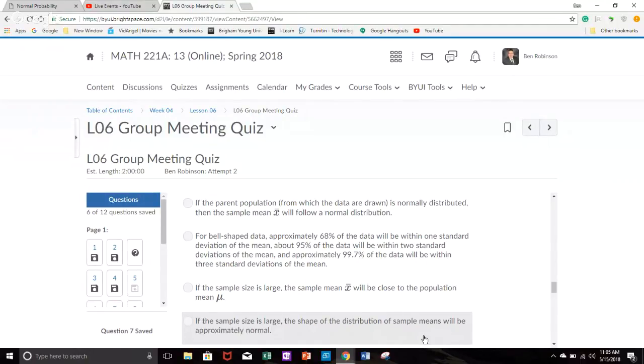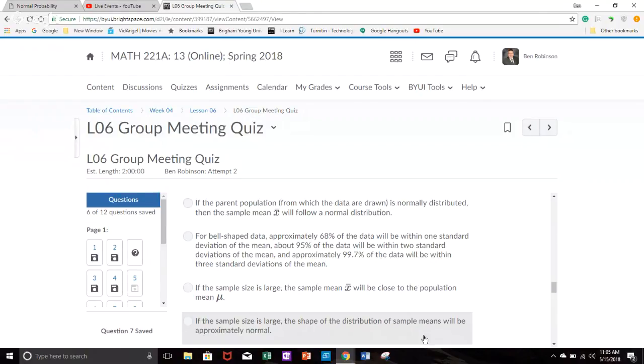For bell-shaped data, approximately 68% of the data will be within one standard deviation of the mean, about 95% within two standard deviations, and approximately 99.7% within three standard deviations.